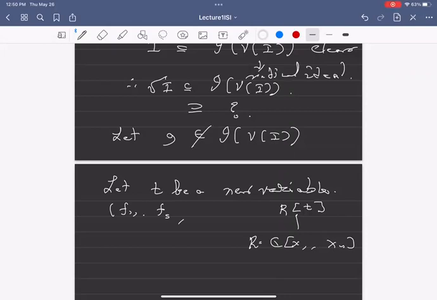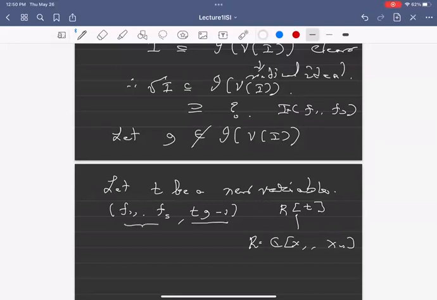So look at Tg minus 1. Take the ideal generated by the original Fi's. I is generated by these polynomials, F1 up to Fs. And now form a new polynomial Tg minus 1.